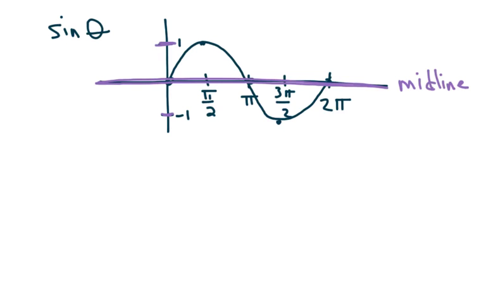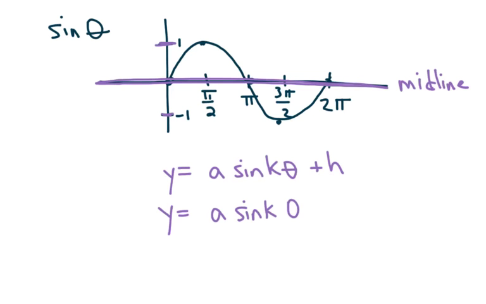So we could add a number to the graph, and they use h, because h is the number that gets added or subtracted from the original function.